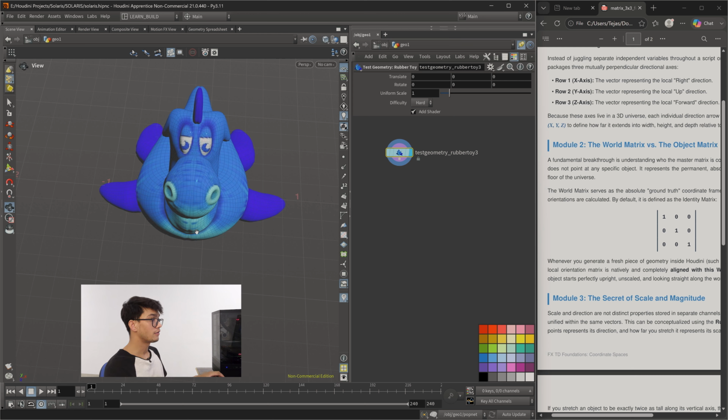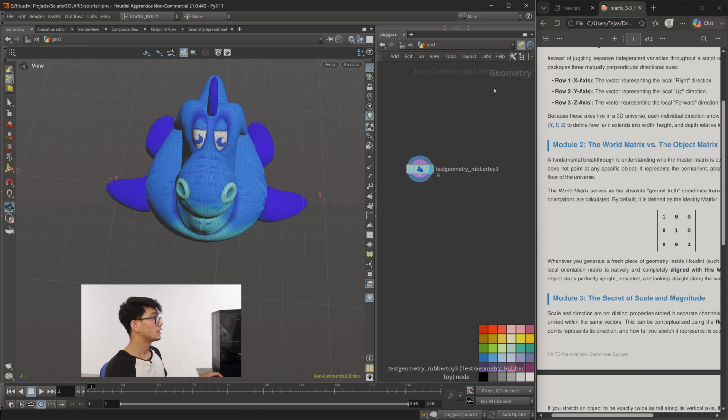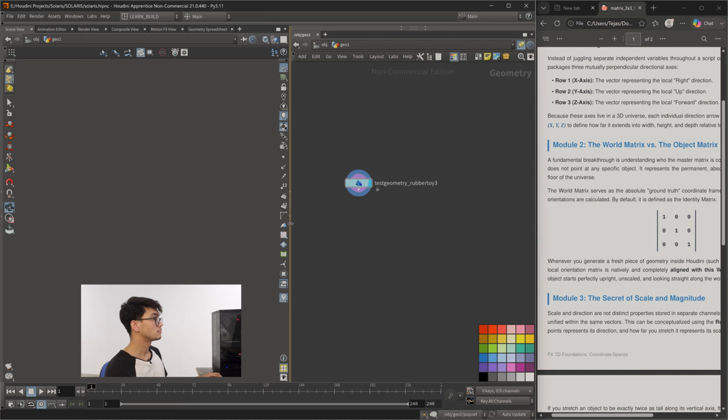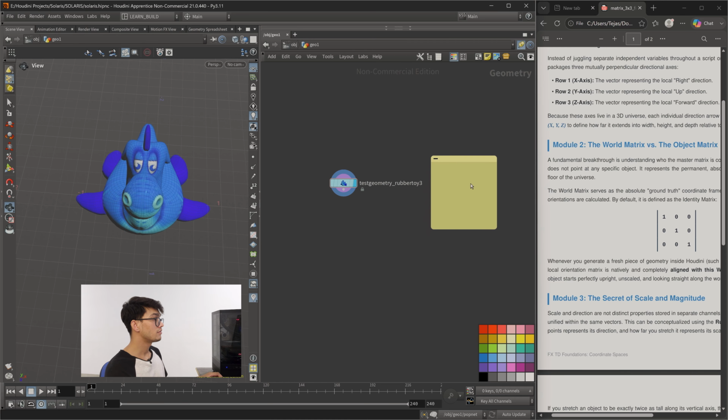So now we have this test geometry, and where is that notepad? Okay, we have this test geometry, we have its directions first, and we have its matrix.